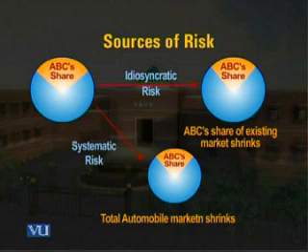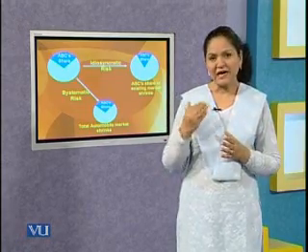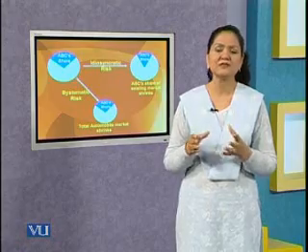But as a percentage of the total pie, ABC's share remains the same. So all the automobile manufacturers are experiencing a decline, and therefore overall the market share of the automobile sector has decreased, not the market share of ABC's company. It's the automobile sector in relation to the total economy.